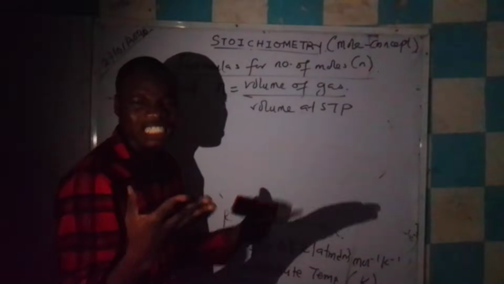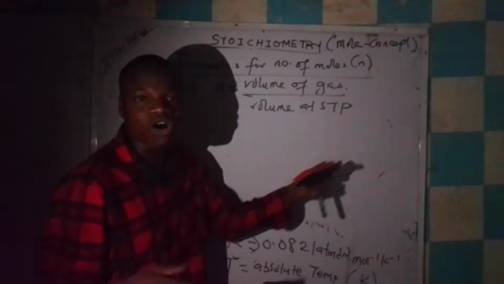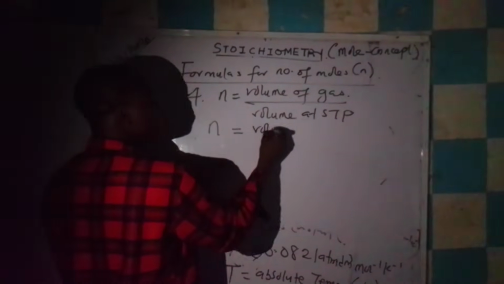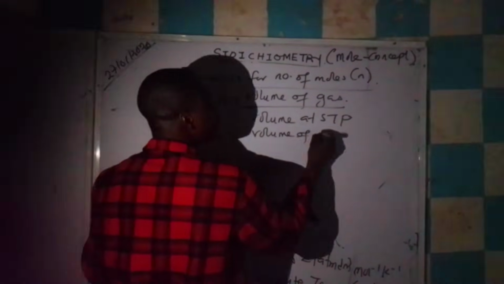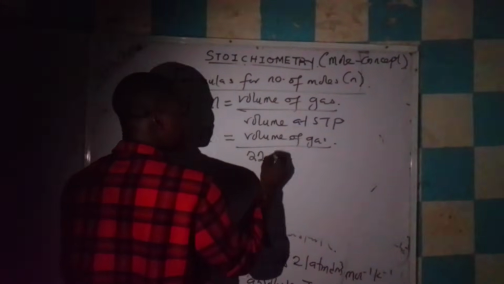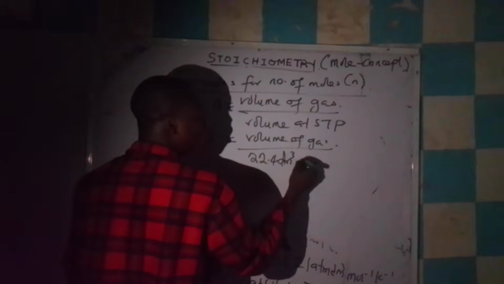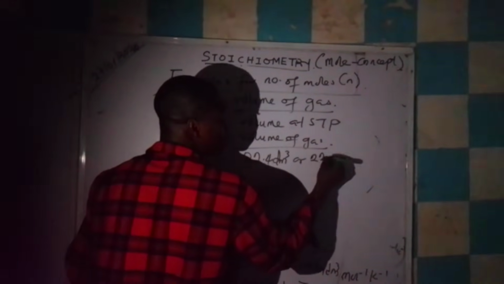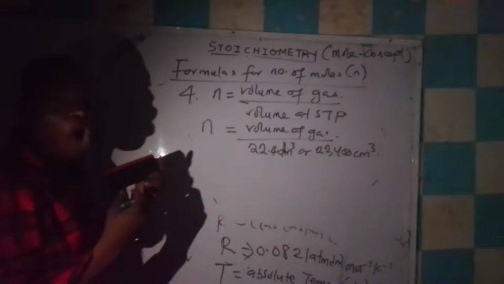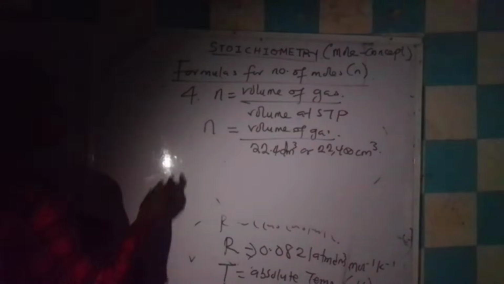STP means standard temperature and pressure. So the number of moles equals the volume of the gas divided by 22.4 in dm cube, or 22,400 in cm cube, depending on the volume they gave you in the question.